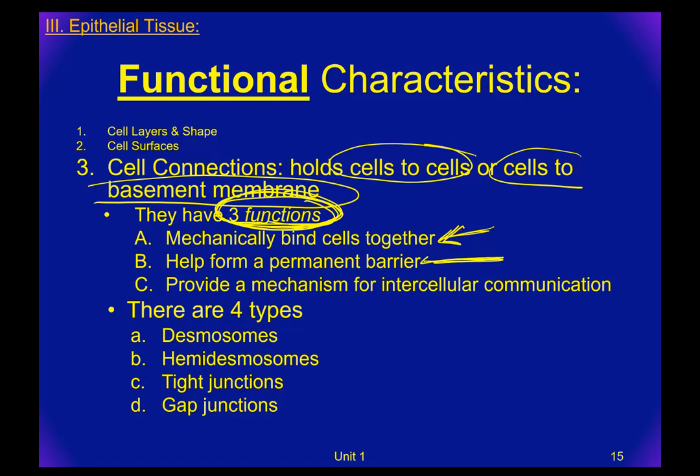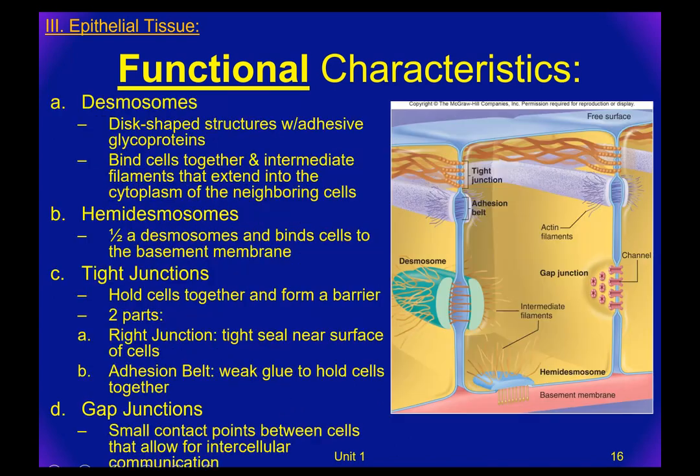They can form a permanent barrier, or they can provide a mechanism for cells to communicate with other cells, intercellular communication. Remember, inter is in between. Okay? We have four types: desmosomes, hemidesmosomes, tight junctions, and gap junctions. So let's look at those.